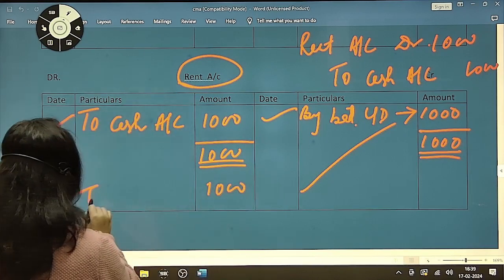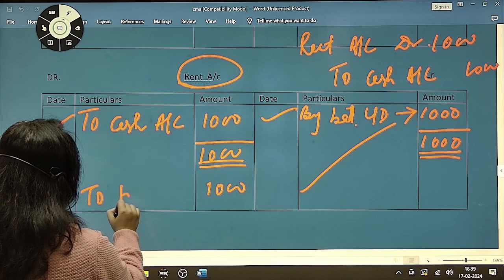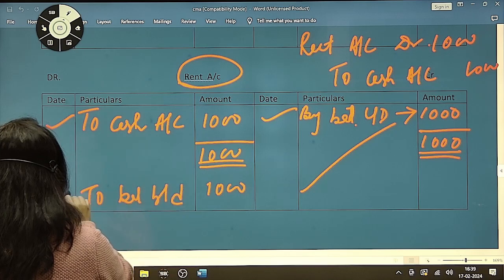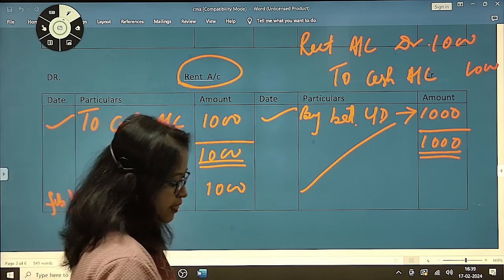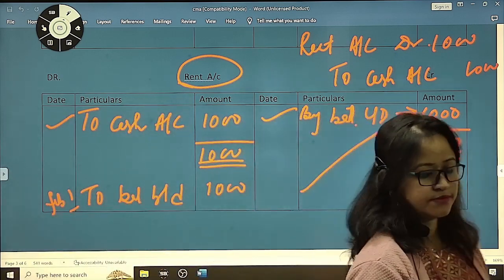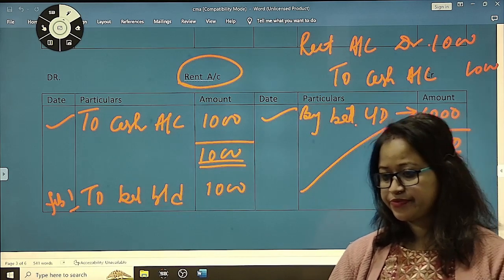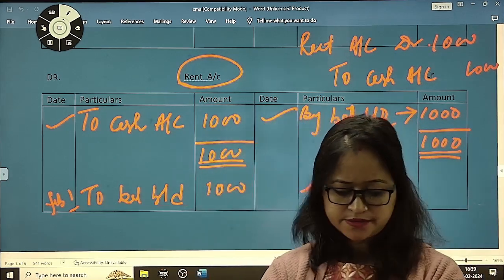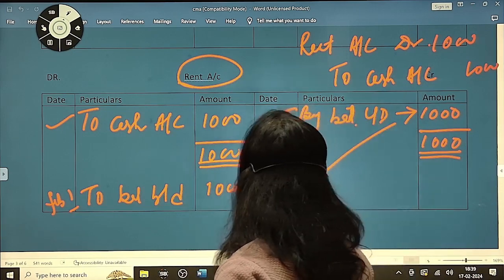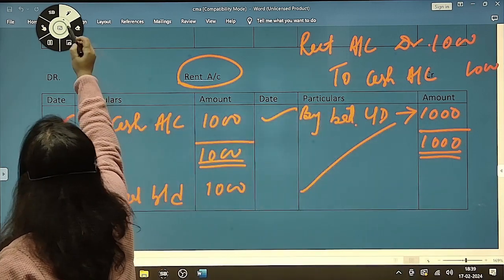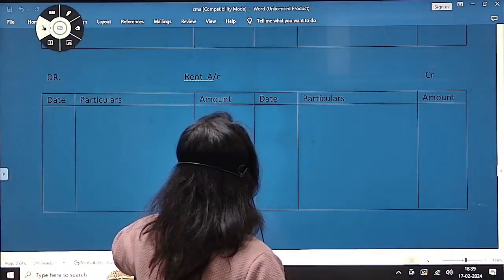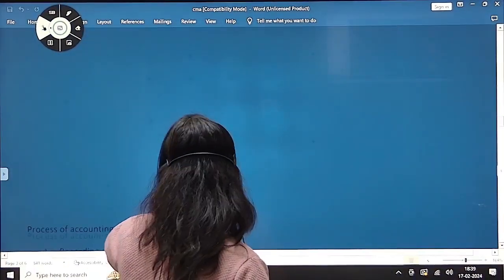So this is your balance BD. Here you will write February 1. Okay. Understood? Fine. So that is all about your ledger posting.